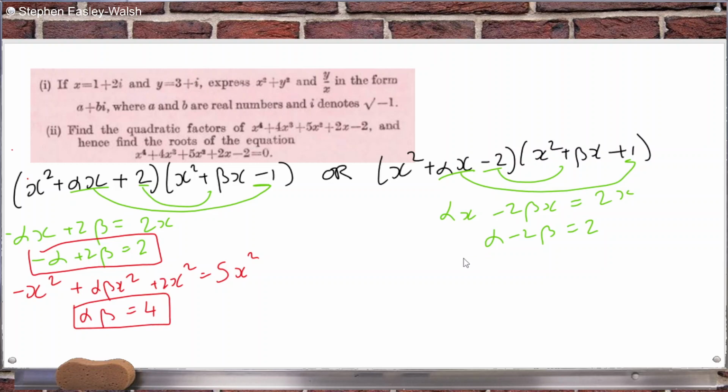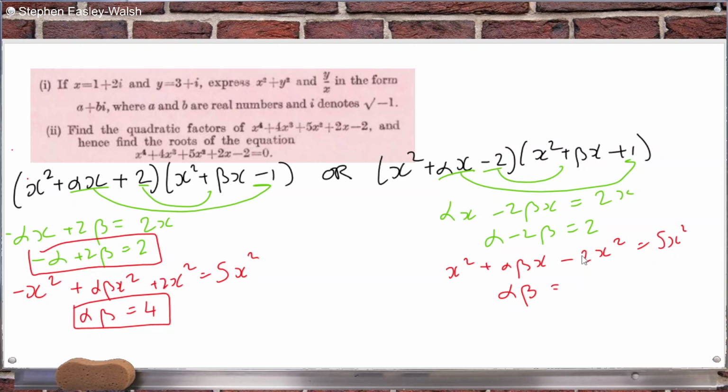And then likewise here, the x squared, that would be x squared plus alpha beta x squared minus 2x squared equals 5x squared. So alpha beta would be 5, 7, 6 then, I think, is it?